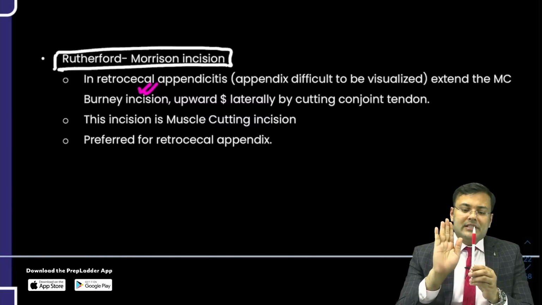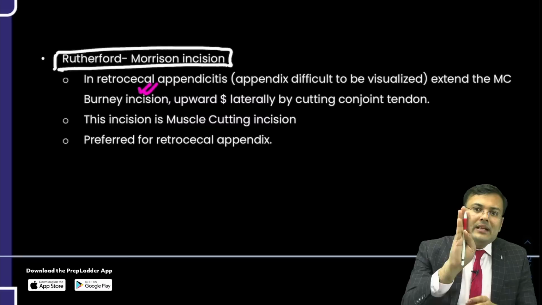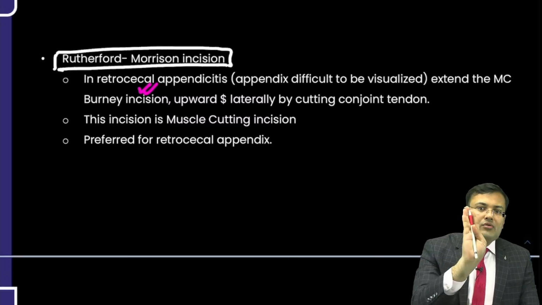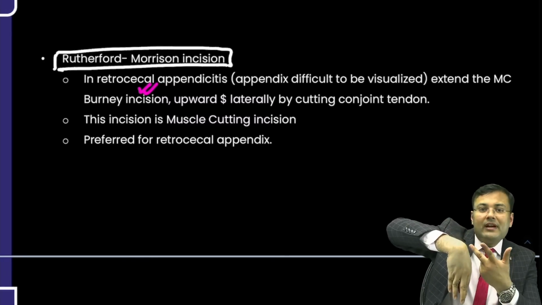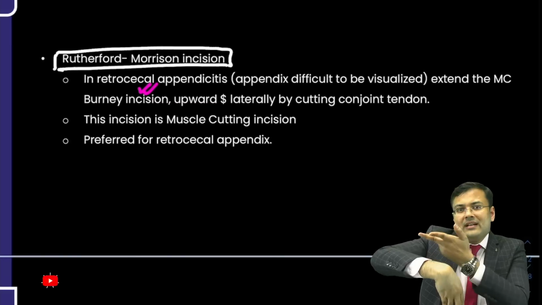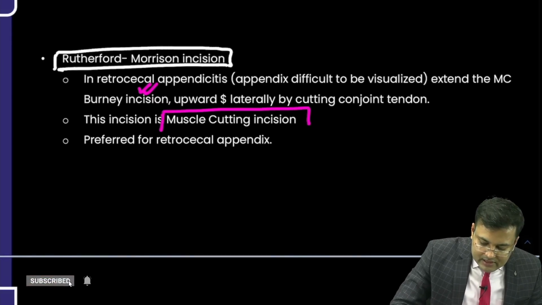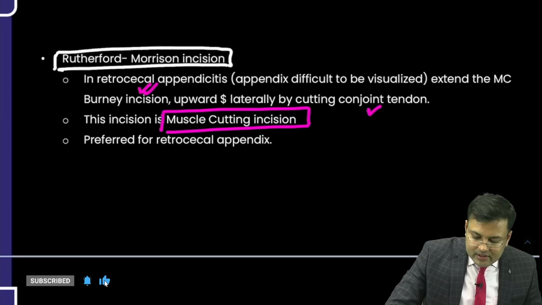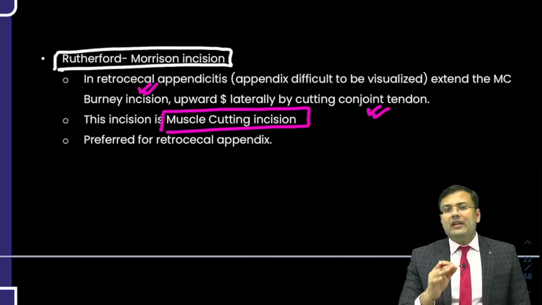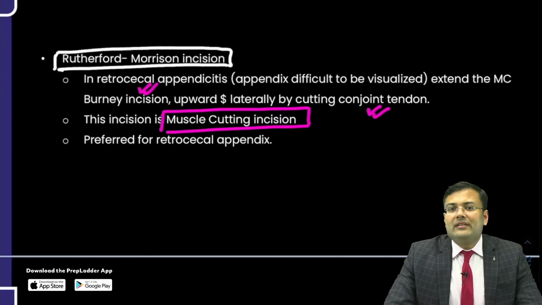Retrocecal appendicitis, in which the appendix is hidden behind the cecum. So, you give a larger incision, extend it superolaterally. This is a muscle cutting incision, and we divide the conjoint tendon.